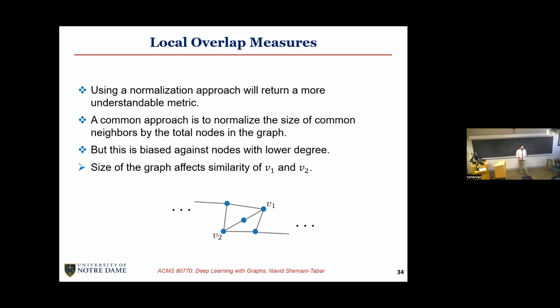But then think about the case that there are 1 million other nodes in this graph. That's going to be 3 over 1 million. In the previous case, it was 3 over 10. But if you look at these 2 nodes, in any case, they only have these 3 nodes as their neighbors, and all of them are shared. So they should be highly similar, no matter how many other nodes we have in the graph. Because of that, it doesn't make sense to use the total number of nodes in the graph for normalization.